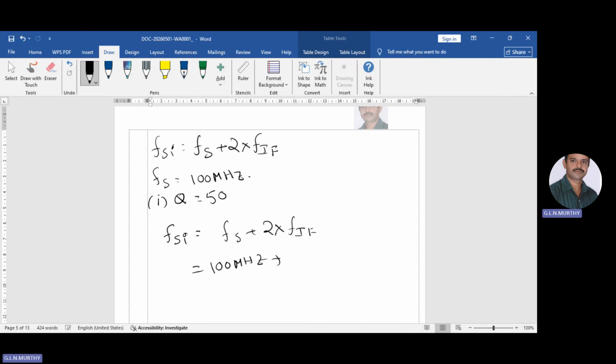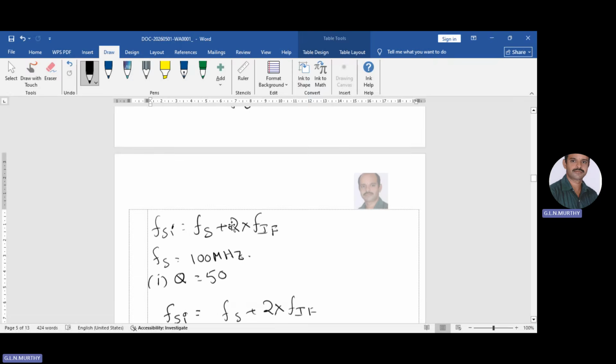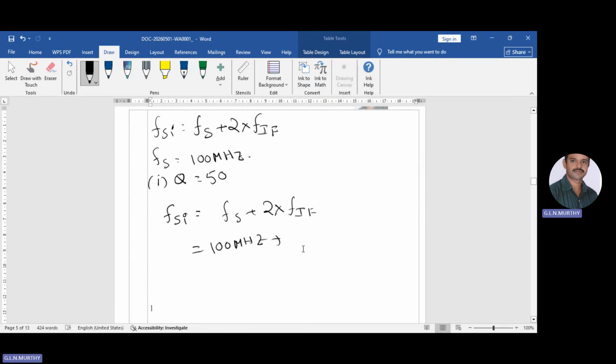The intermediate frequency is not given, but it was mentioned that it is FM. So for FM, remember, intermediate frequency equals 10.7 megahertz.